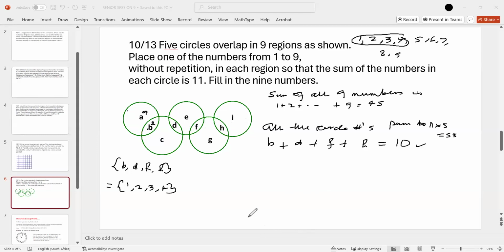Okay, I'm not too sure what to do here. Let me go look at the answer. I know these four numbers add up to 10. Okay, let me look at the answer. I've done this some time ago, so I can't remember exactly.